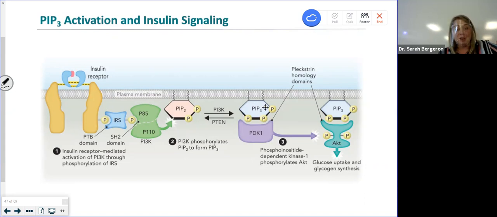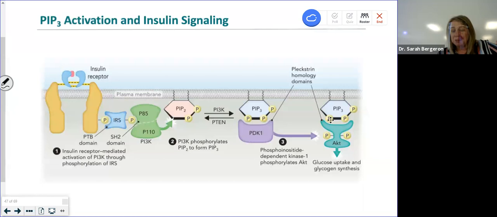Once this PIP3 is phosphorylated, right, so now I have 1, 2, 3 phosphate groups, we can recruit PDK1. PDK1 is going to go in and phosphorylate AKT. So AKT is also recruited because we have our 3rd phosphate group here.